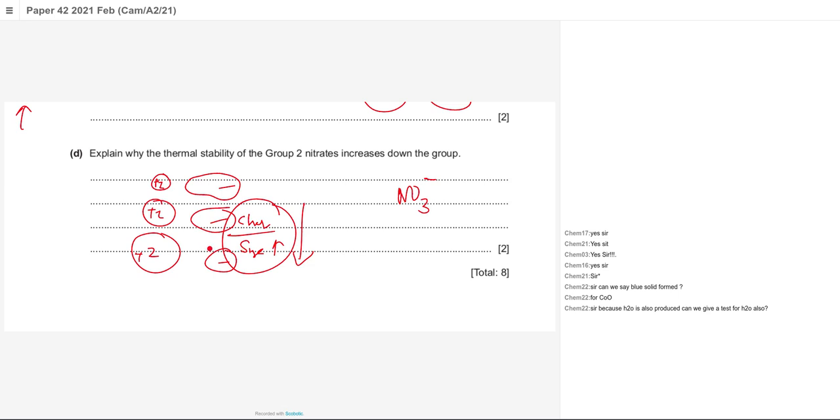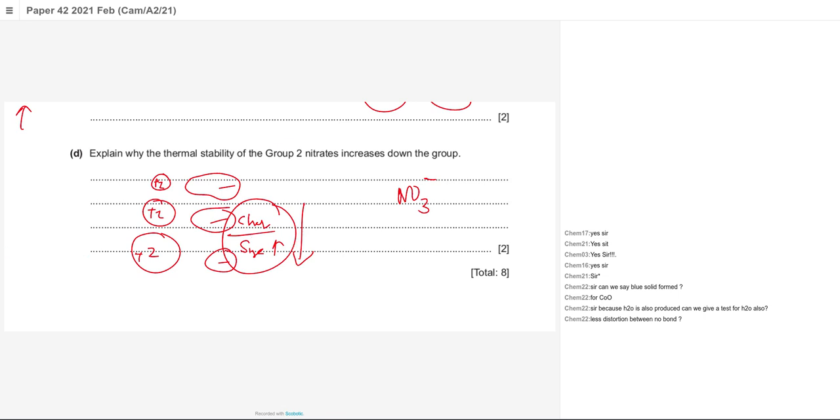So 2 marks. The ionic radii increases. Charge density decreases. As a result, the cation will be less able to polarize the anion. This results in increased ionic character, and that will cause the thermal stability to increase.